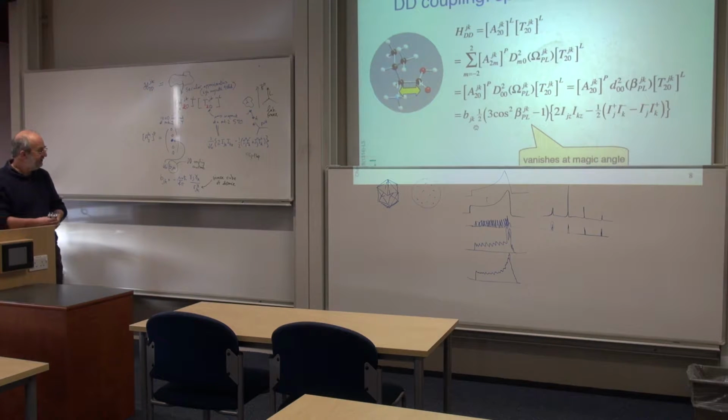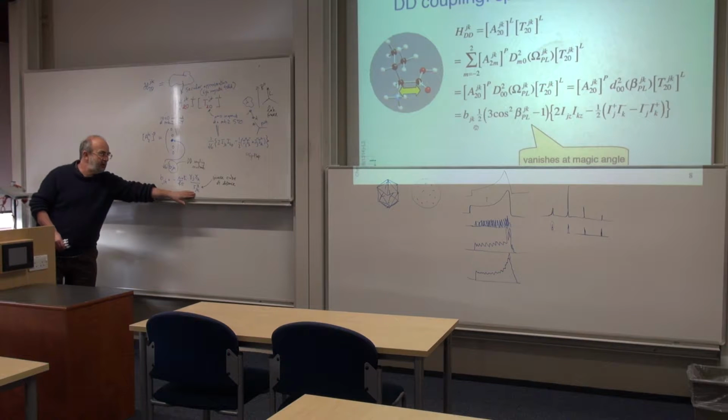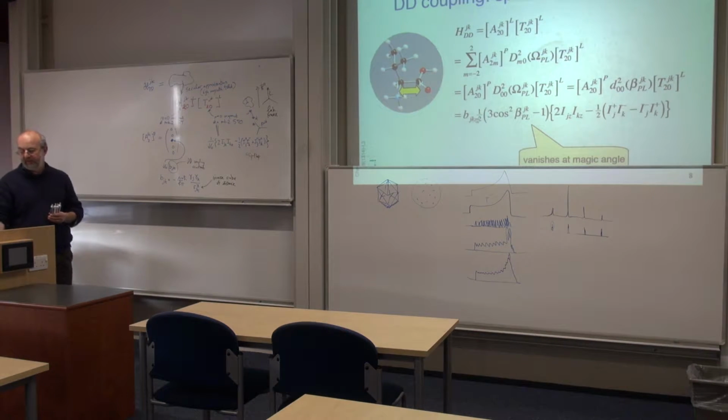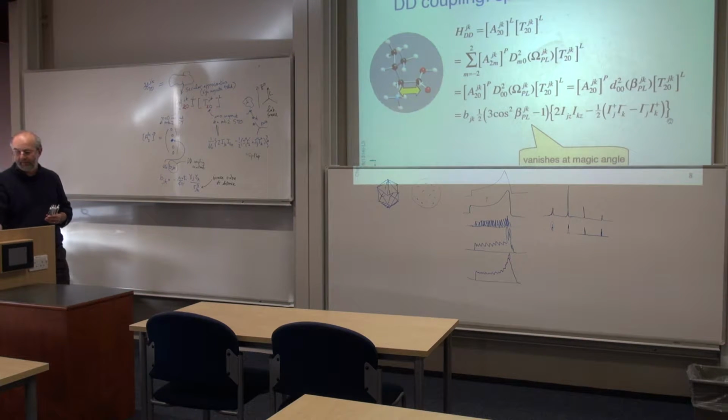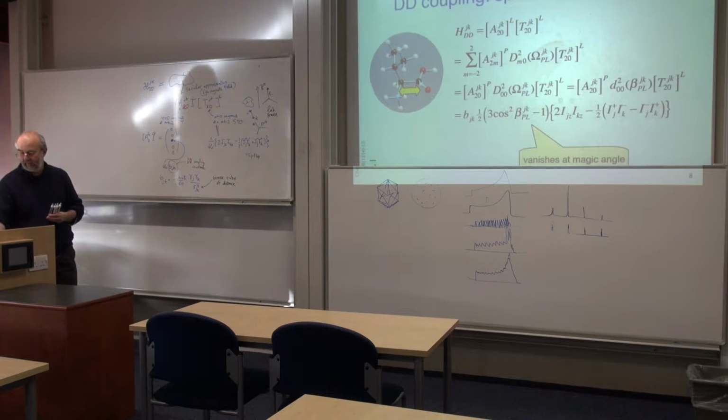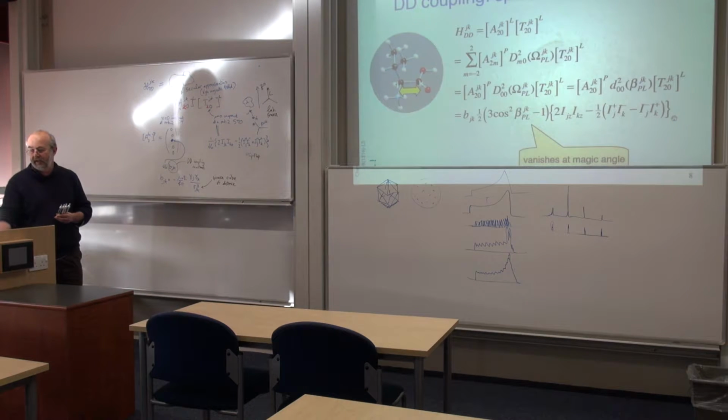Dipole-dipole coupling constant, depends on the inverse cube of the distance. A half 3 cos squared beta minus 1. That comes from the 0, 0 Wigner element. And then the spin operator. And that expression, if we want to, could be inputted straight into Spin Dynamica or some other program to calculate the NMR spectrum.